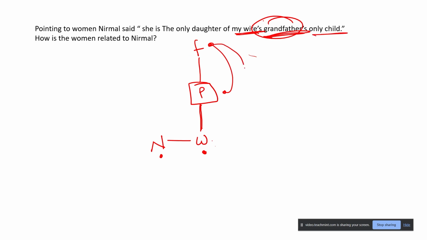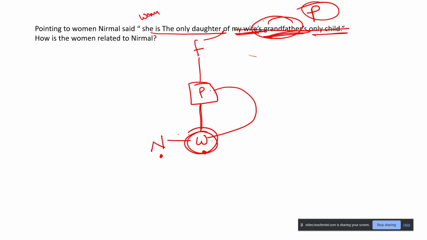This grandfather's only child should be Nirmal wife's parent. We are left with P. So by the time you solve this second statement, you are stuck at letter P. So replace this entire word with P. Now, she is the only daughter. That means that woman is the only daughter of P. But in our case, that P's only daughter is Nirmal's wife. So that woman is none other than Nirmal's wife.